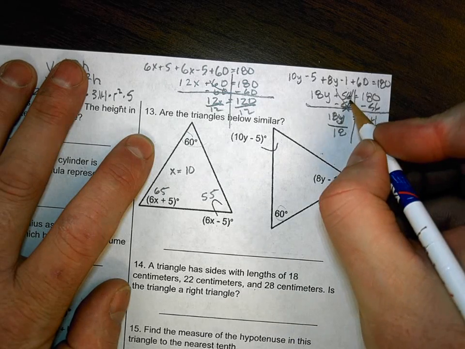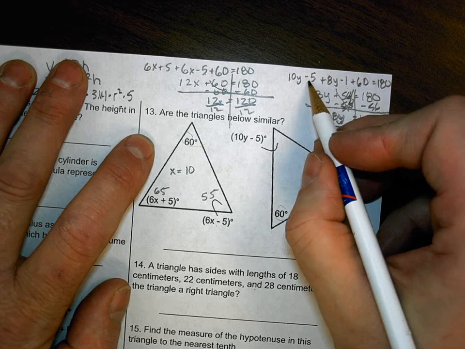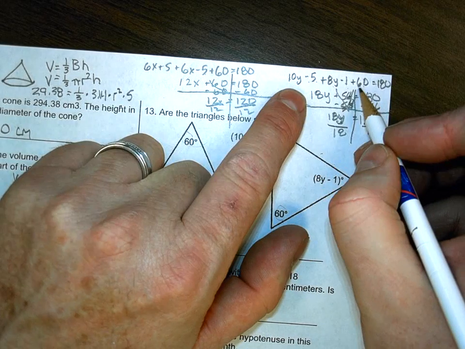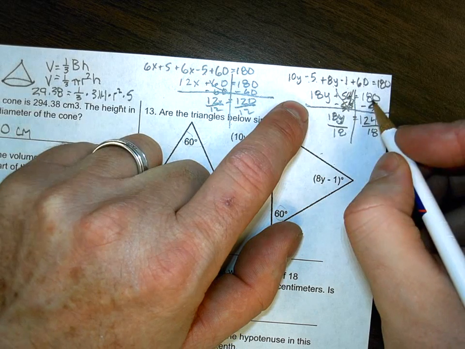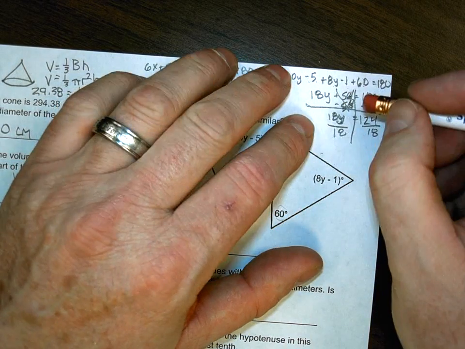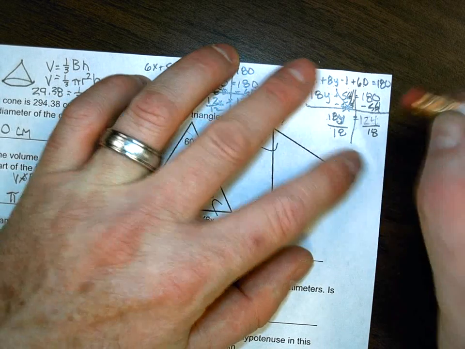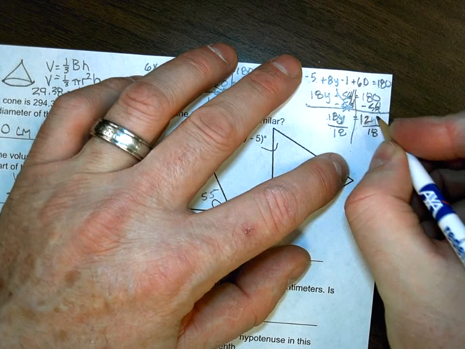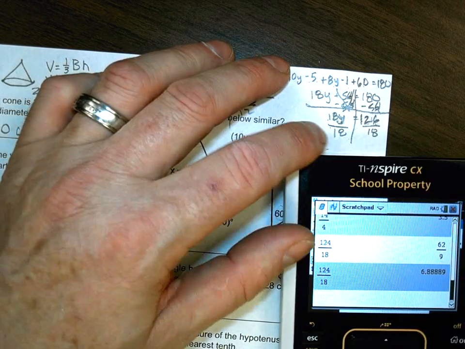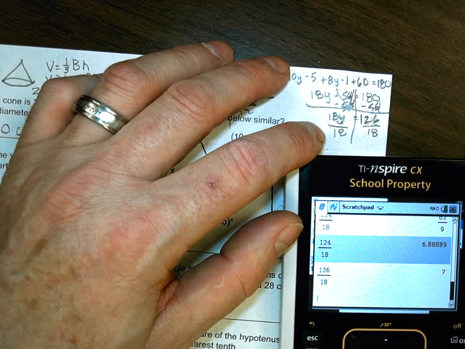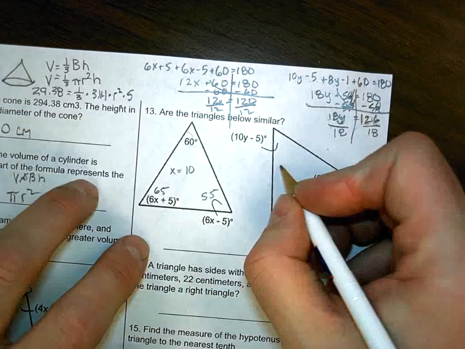That makes me dumb. Because negative 5 and negative 1 is 6. 60 minus 6 is 54. Okay, so I'm slow. And that changes that to 126, which will give me an answer that's better. Now, 126 divided by 18 is 7. So y equals 7.